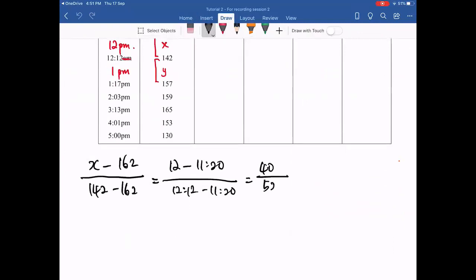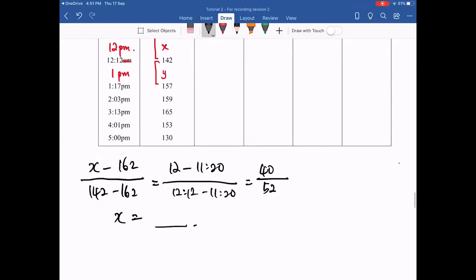So we have 52 minutes here. Okay, so then you just do x equals, you get your value. So your value will be roughly around, let's see, 146.6 here.